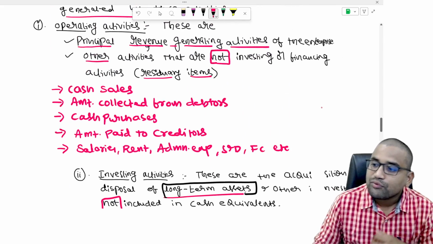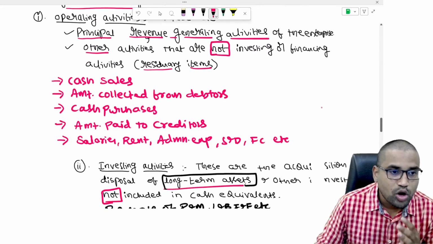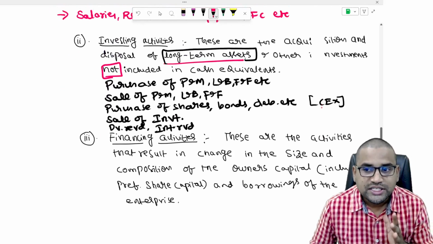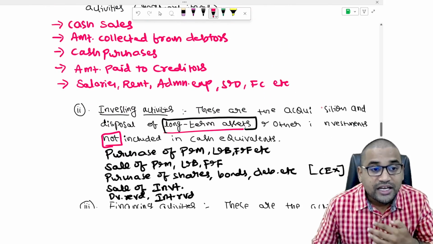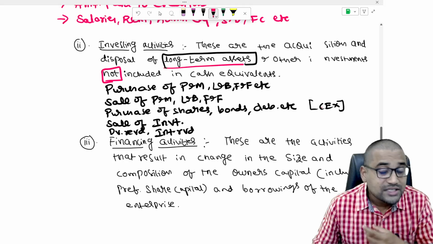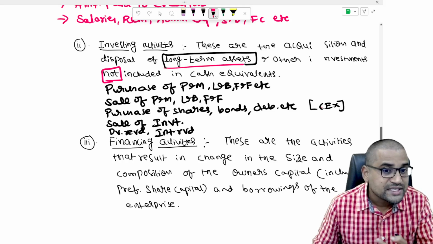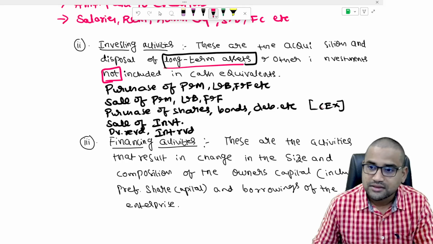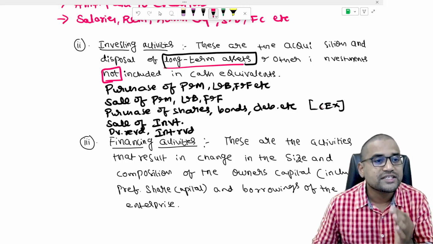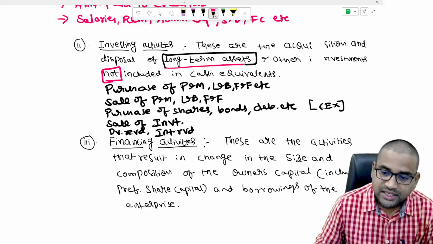So like this, we have to divide the cash activities into operating, investing. To put it simply, relating to our main operations, operating activity; relating to our investment, our purchase. Investment not only means purchasing securities of outside entities, but also includes fixed assets. Any purchase and sale of fixed asset will also come under investing activity.